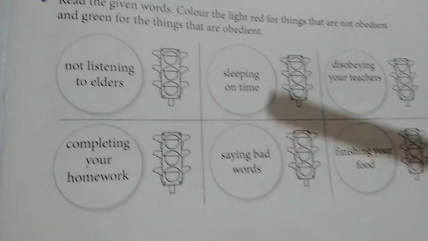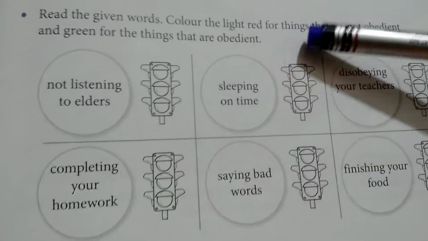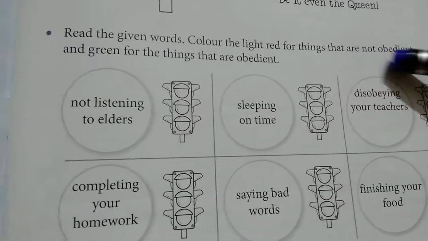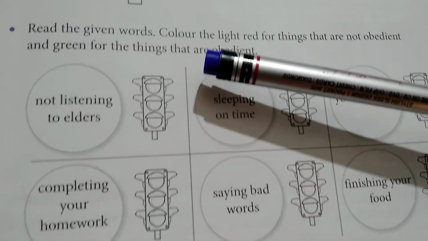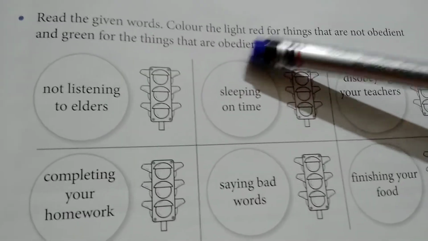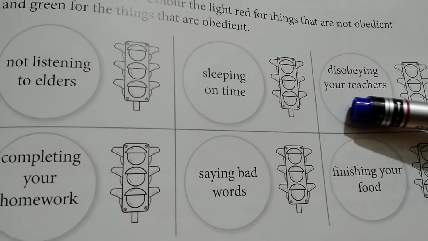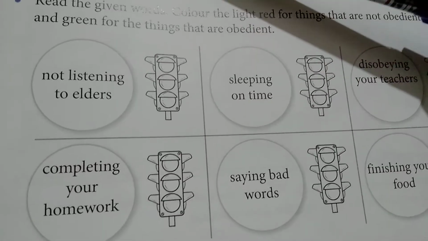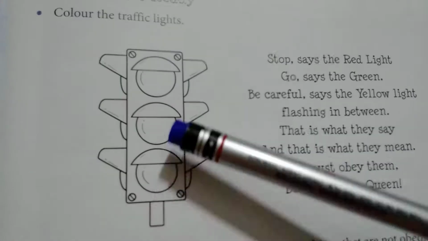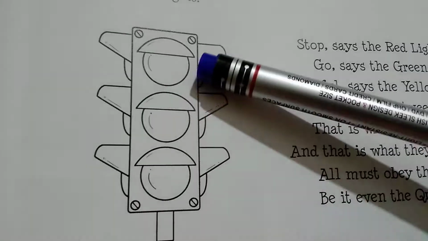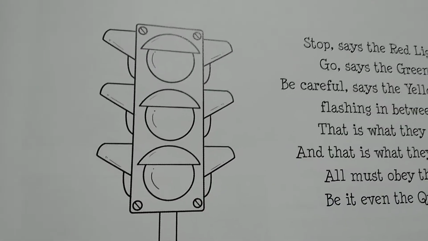So I am telling you again, read the given words, color the light red for things that are not obedient, and green for the things that are obedient. Okay, so it is your work, you should do that. Color this signal, traffic lights, traffic signals.